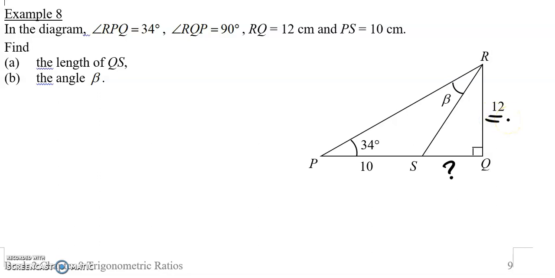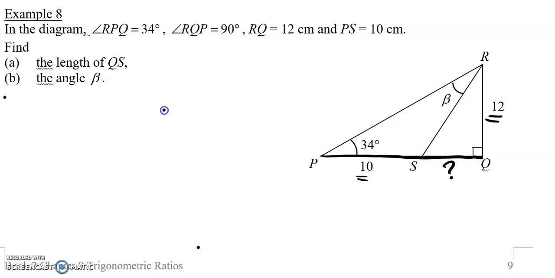However, we do note that the question has given us information about PS, which is 10. So this should actually give you a hint. Should I use this entire length QP in helping me to find what is QS? So let's give it a try.